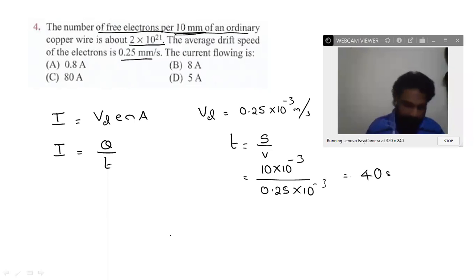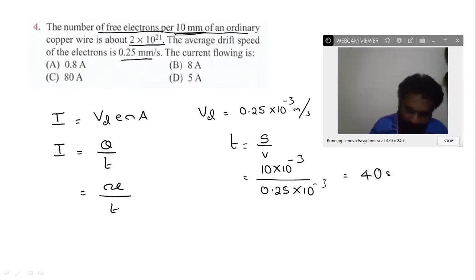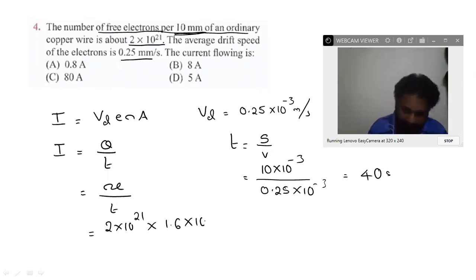This is the time. Now Q is equal to N e, divided by T. What is N? For this 10 millimeter, the number of free electrons is given as 2 into 10 raised to 21. This is N. Here 1.6 into 10 raised to minus 19, divided by time, which is 40.